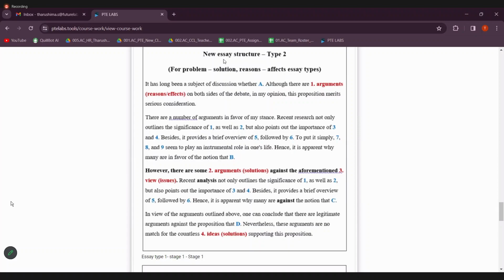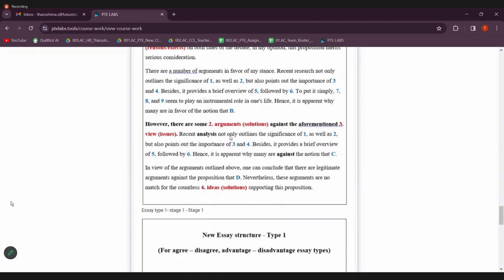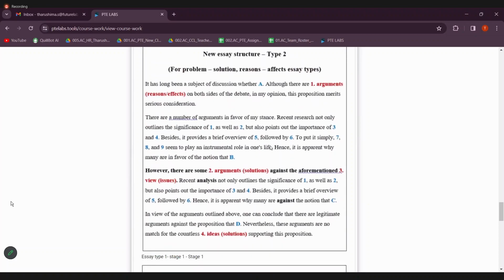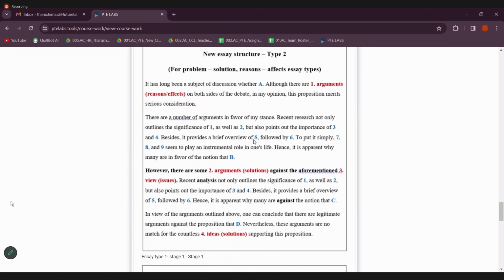So it's better if you could learn this structure by heart, knowing that you don't need to add these for every single essay. These are just for the problem and solution structure essay. So this is the structure. As I told you, you have to practice typing this within 8 minutes in a notepad. This is the requirement.